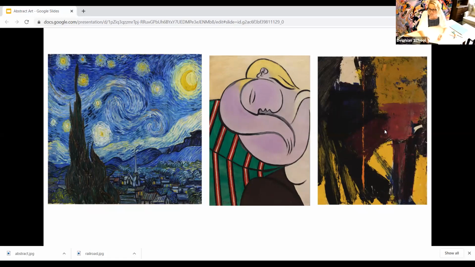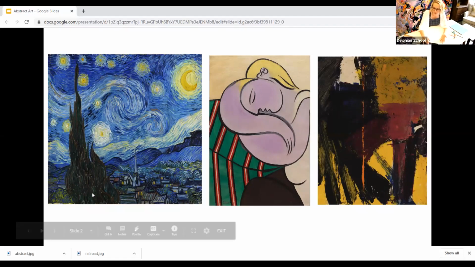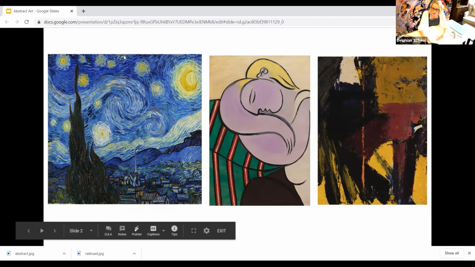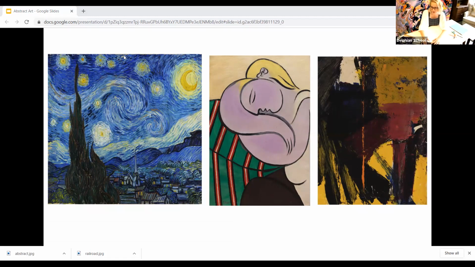Okay. All right, so on the left-hand side, you've got Starry Night, and it looks like a village or a city, and you can see the stars in the sky, but you can still tell pretty much that it is a village or a city. And then you've got Woman with Yellow Hair, which is obviously a picture of a woman.